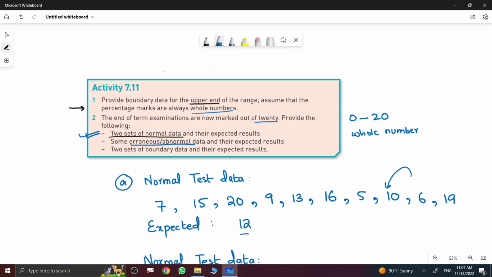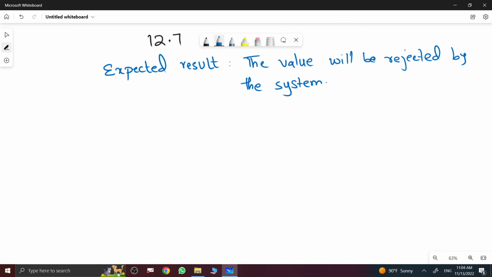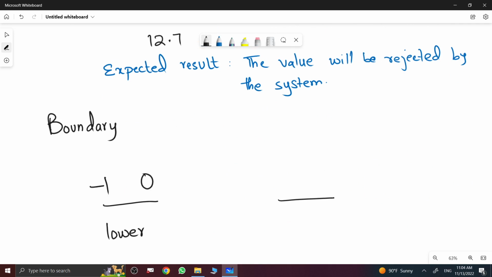Now quickly moving towards the third one, two sets of boundary data and their expected results. For the boundary data, quickly see that you must have the upper values and the lower values. The lower value that will be accepted is 0, and the immediate value that will be rejected is -1. Similarly, the upper value accepted is 20, and the immediate value that will be rejected is 21.